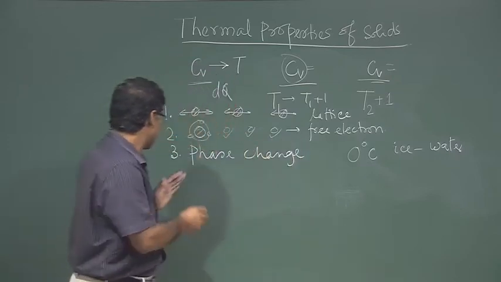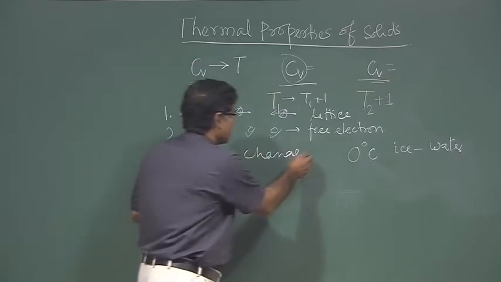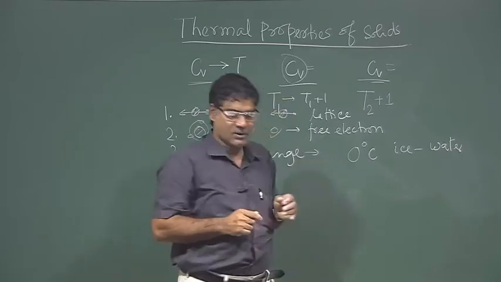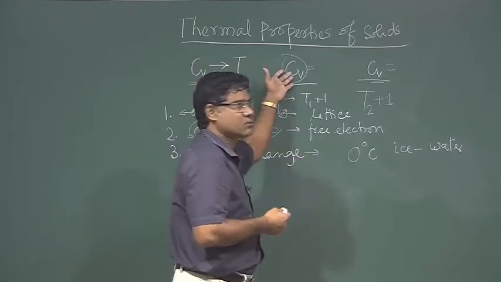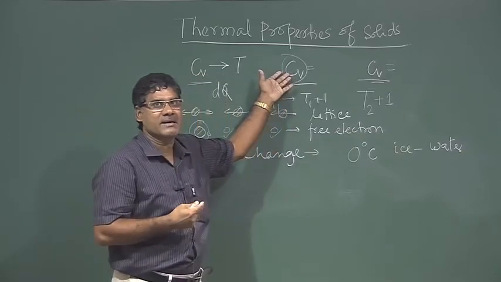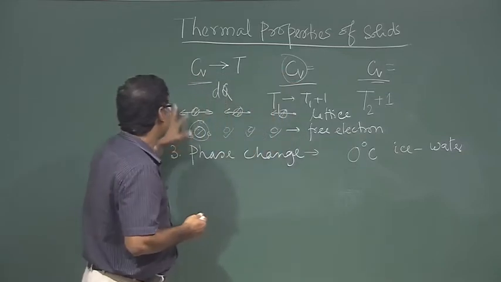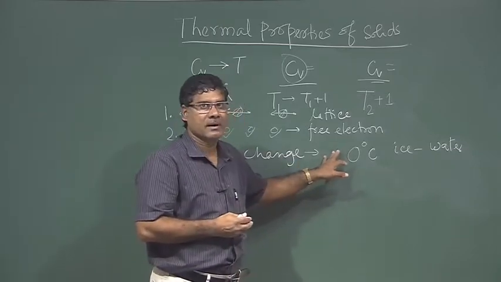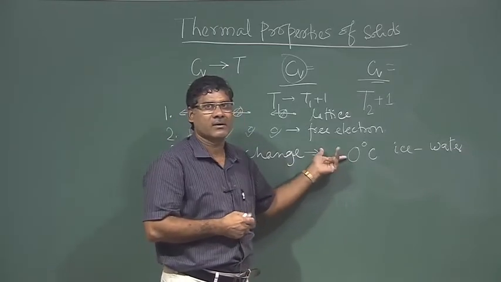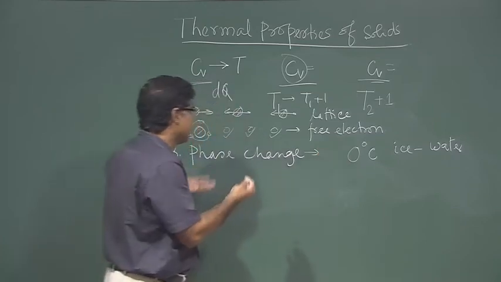So, what happens, at that phase change their Cv will be high, because to change 1 degree temperature I need higher energy, right. So, Cv will be high when this phase change occurs, and there are different kinds of phase change.